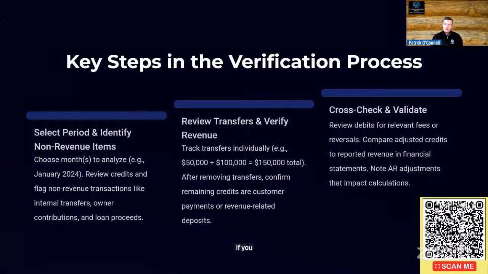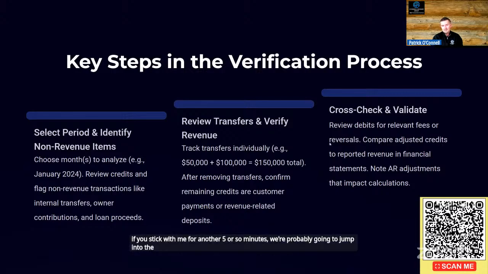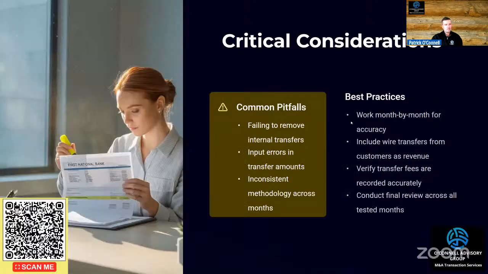If you stick with me for another 5 or so minutes, we're probably going to jump into the exercise, but a few more things I wanted to get to. So, critical considerations. Pay close attention. Common pitfalls I already addressed: it's failing to remove or pull out non-operating activity.